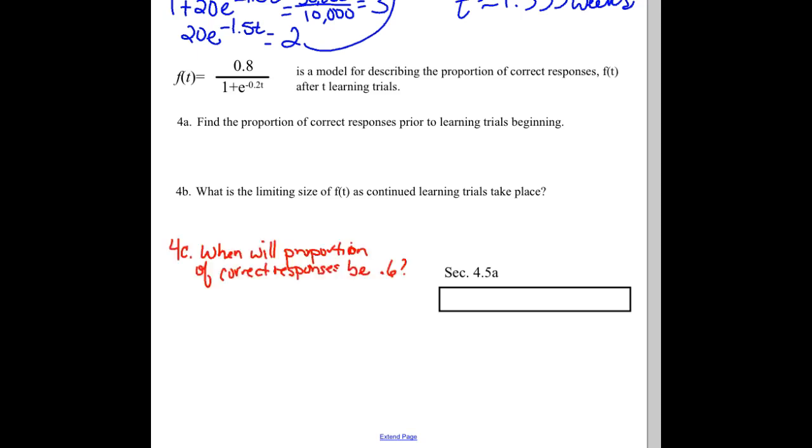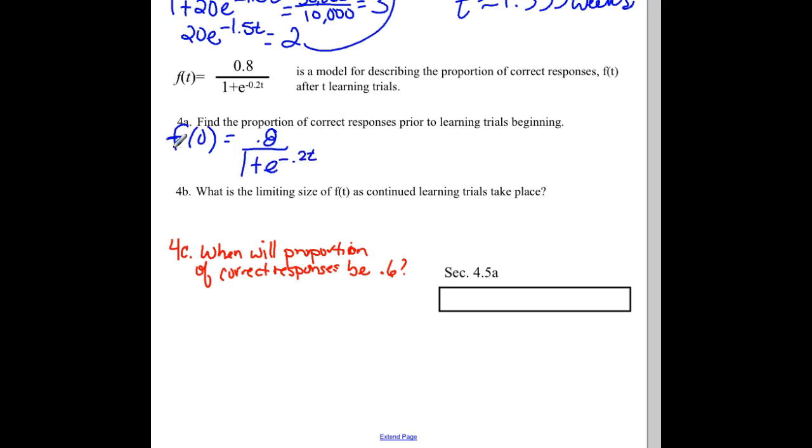For part A, we are looking for the proportion of correct responses prior to them doing learning trials. In other words, initially, how many people could successfully do it? Whatever it is that they're learning here. So we are looking at what is the proportion at time 0. We have 0.8 divided by 1 plus e to the negative 0.2t, and we said t is 0.